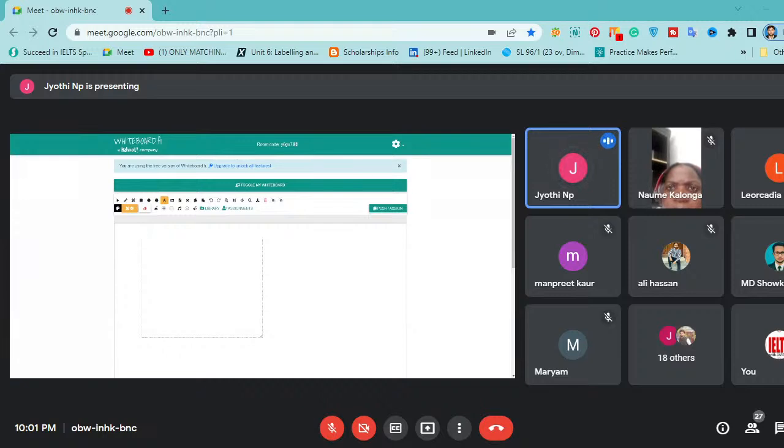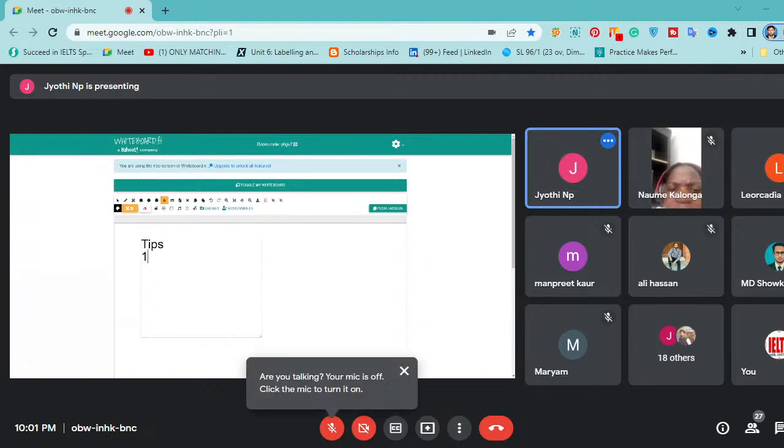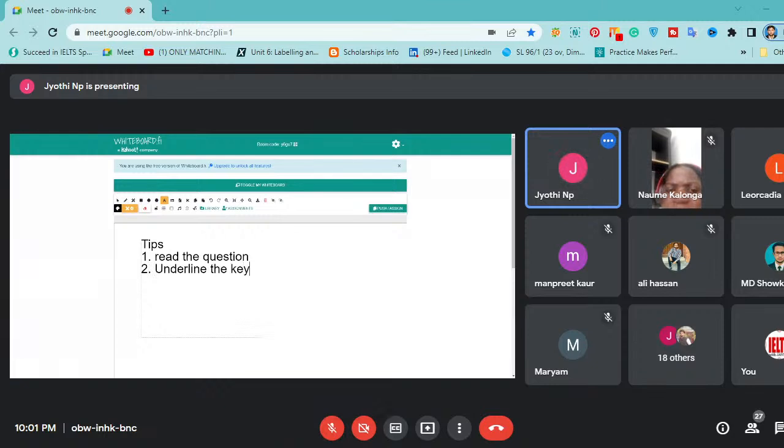Now let us discuss in general how we are going to tackle this, just the general tips. So the first tip is you need to read the question, then underline the keywords in the question. Now, when you're practicing, you start doing the groundwork accordingly and you just follow this.